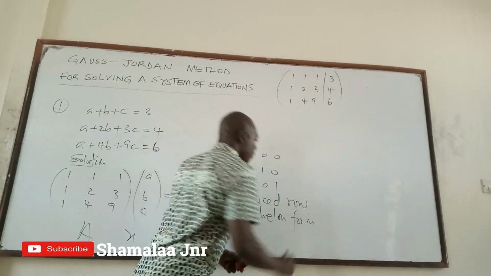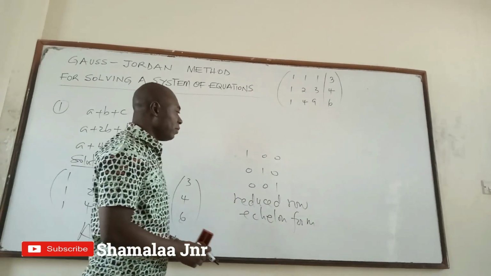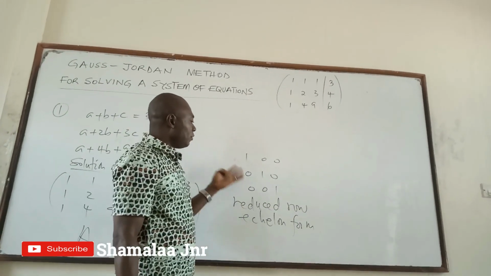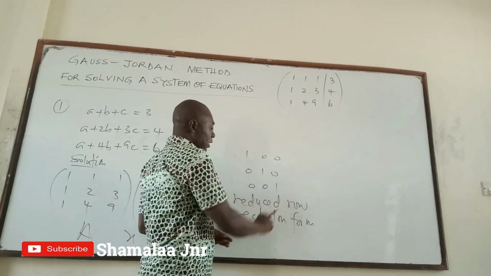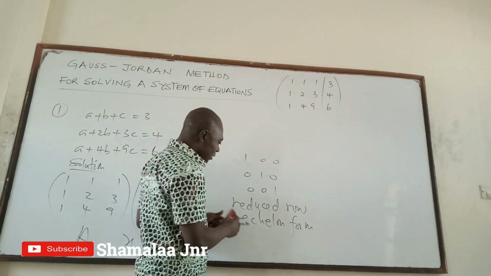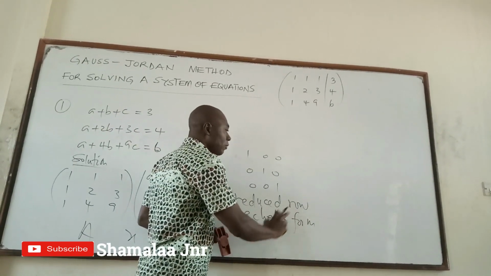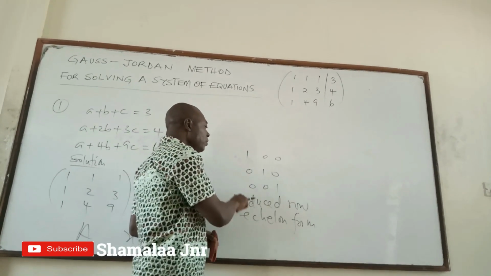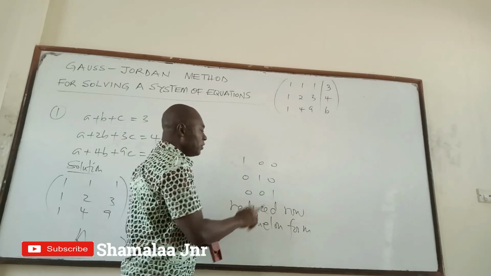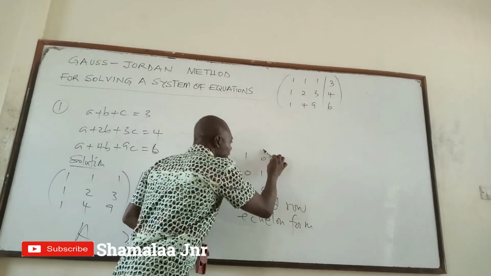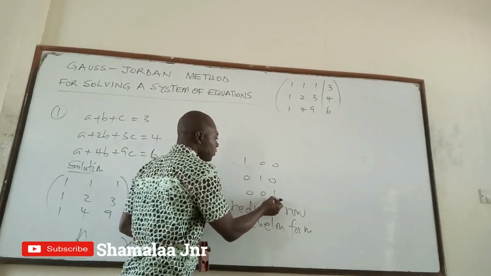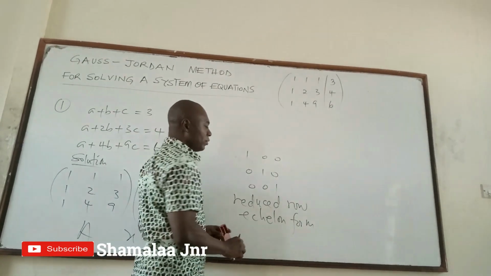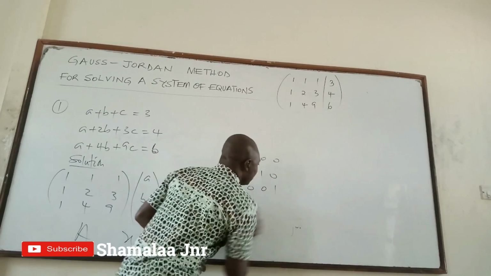So when we were doing the Gaussian elimination, I told you that when you're able to reduce it, those would not be zeros, and that one was row echelon form. But this one is reduced row echelon form. It means that this one is an identity matrix. If you're able to do this, all these are zeros, these are ones, these are zeros. Okay, so let's do that.